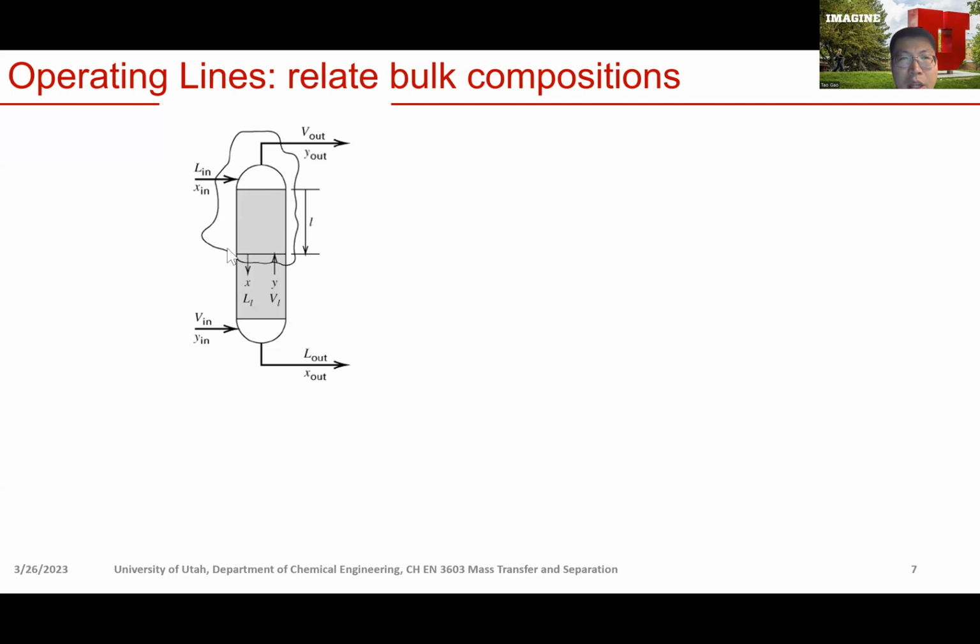Packed tower, and let's draw a control volume that's encapsulating the top section, a distance L from the top of the packed tower, right? So in this control volume, we have two streams coming in. That's the liquid absorbent. Then we have the vapor going up. We also have two streams leaving this control volume. We have the liquid coming down, leaving this control volume. We also have the vapor leaving the tower.